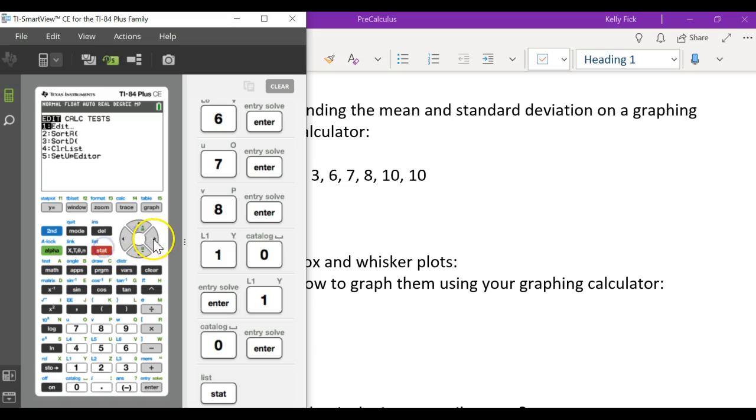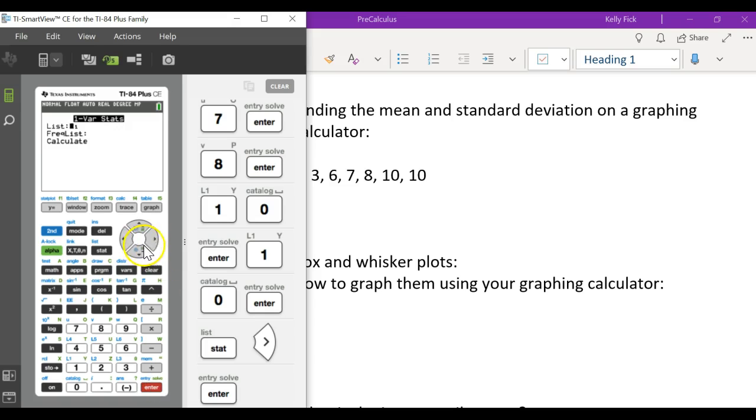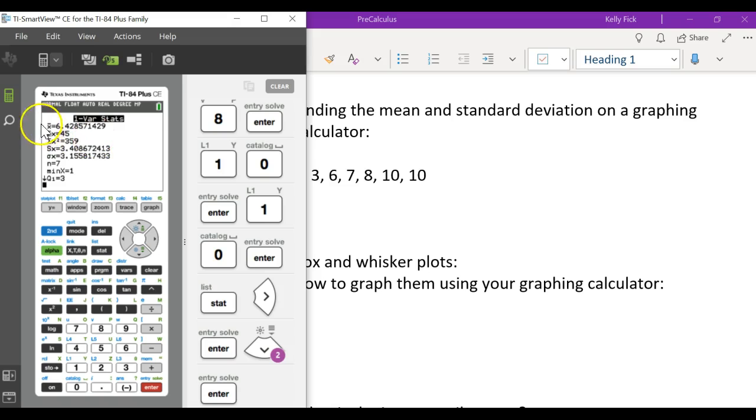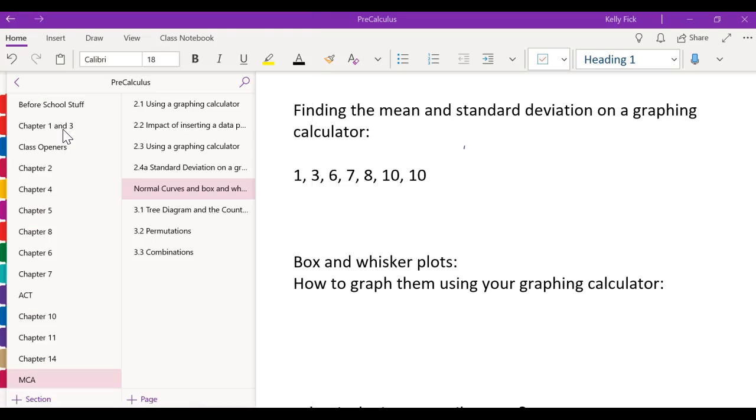Then you would go to Stat, Calc, and you want One Variable Stats. Hit Enter. You're going to calculate. This first number, the x with a line over it, is your mean. So your mean is 6.4.